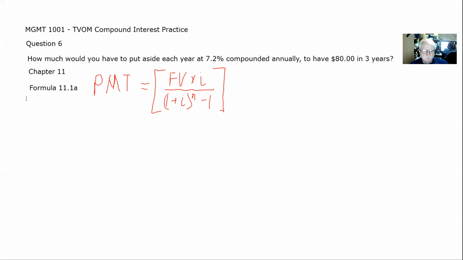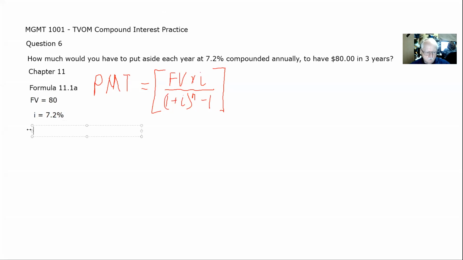And let's see what we're putting in here. According to our information, we're given the future value. Future value equals 80. We also know the interest rate, 7.2%.